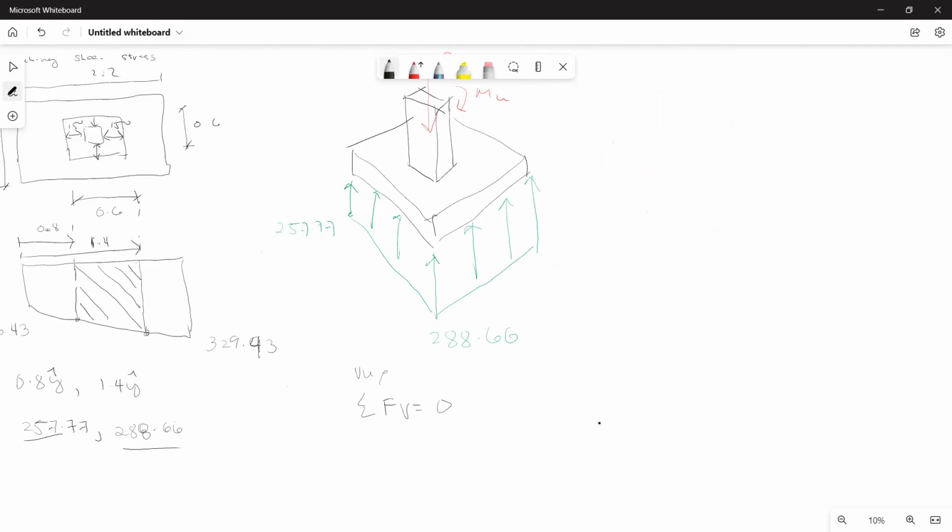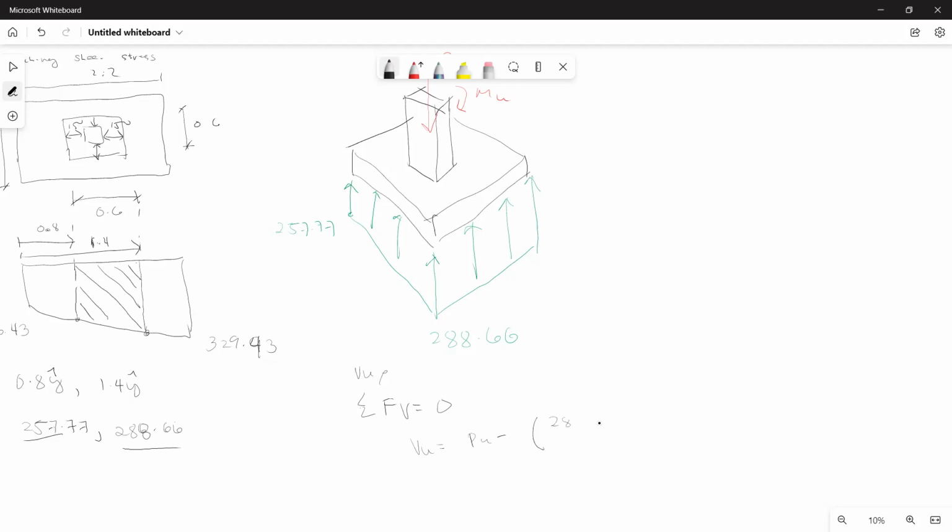So summation forces vertical. So VU mo is equals to your PU minus the pressure at the bottom, yung total pressure sa ilalim.